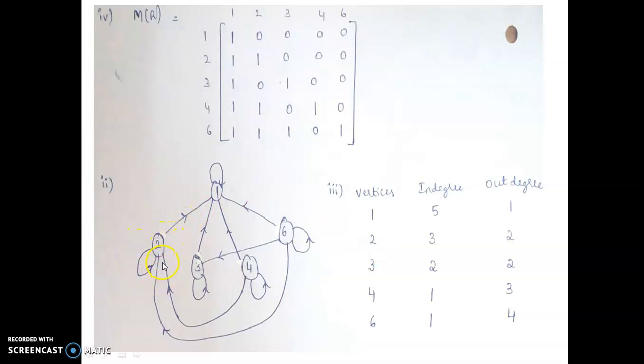This is 1, 2 and 3, so there are 3. And the out-degree for 2 is 1, 2, so there are 2.